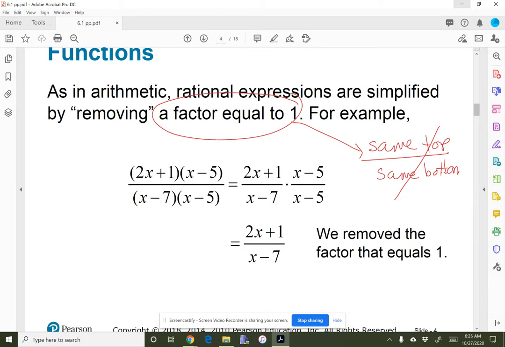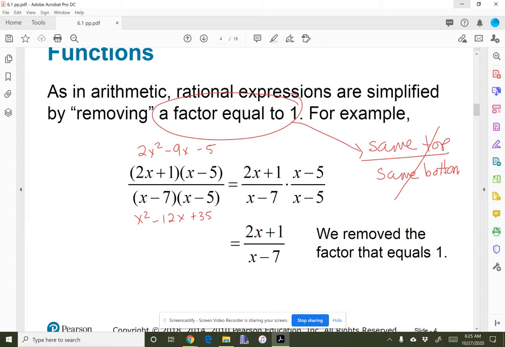But if you have this polynomial, one, it's in factored form. So the original of this, let me think, would be 2x squared minus 9x minus 5. You can't simplify until things are written as a product. And then this one is x squared minus 12x plus 35.